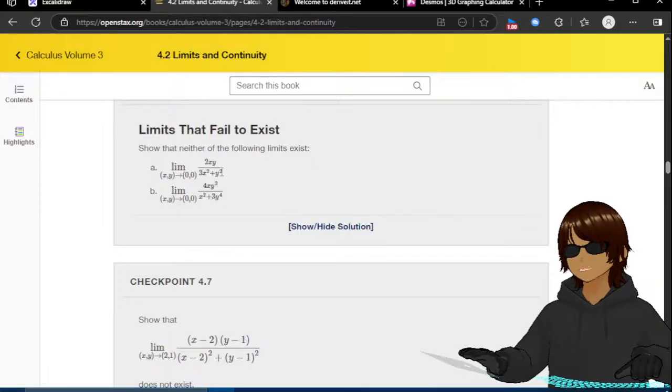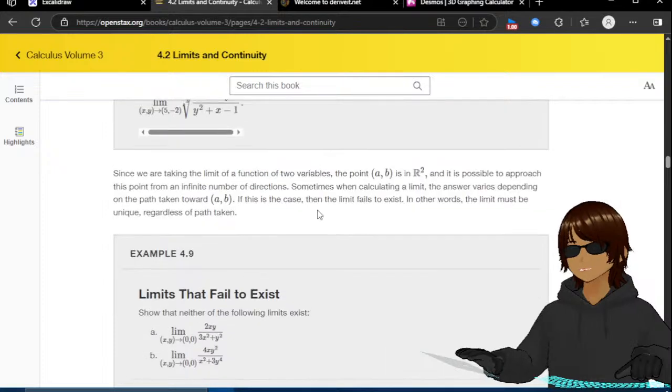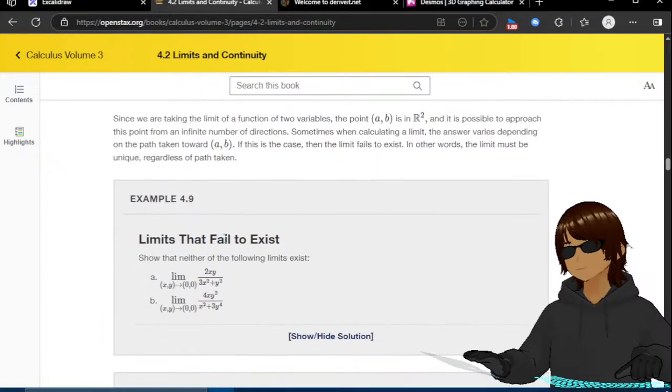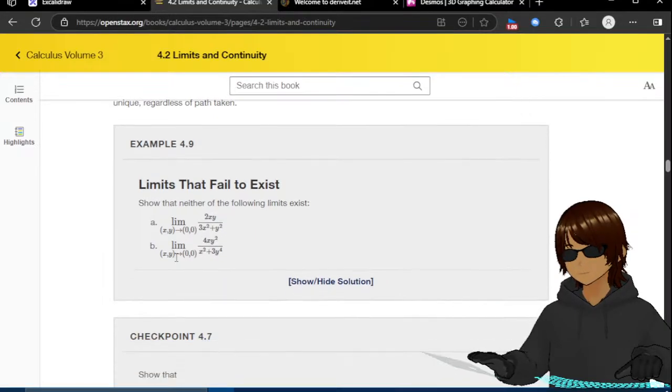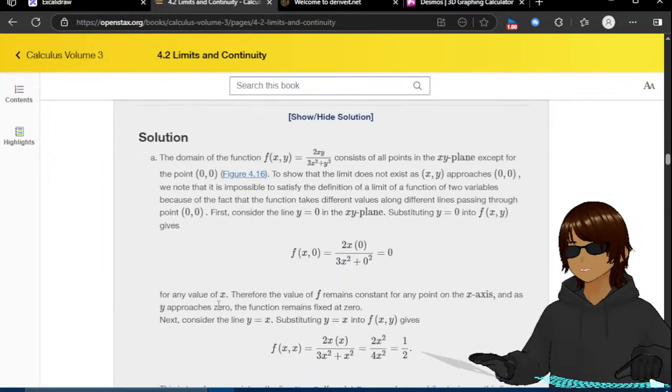It's undefined at this point. However, do we do that limit from the right side and limit from the left side thing? Because for a limit to exist, both of these go to, the denominator is 0.